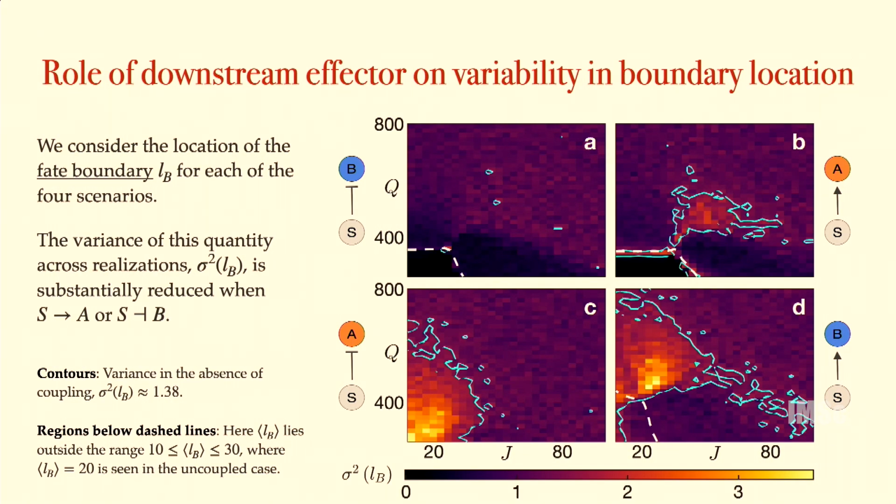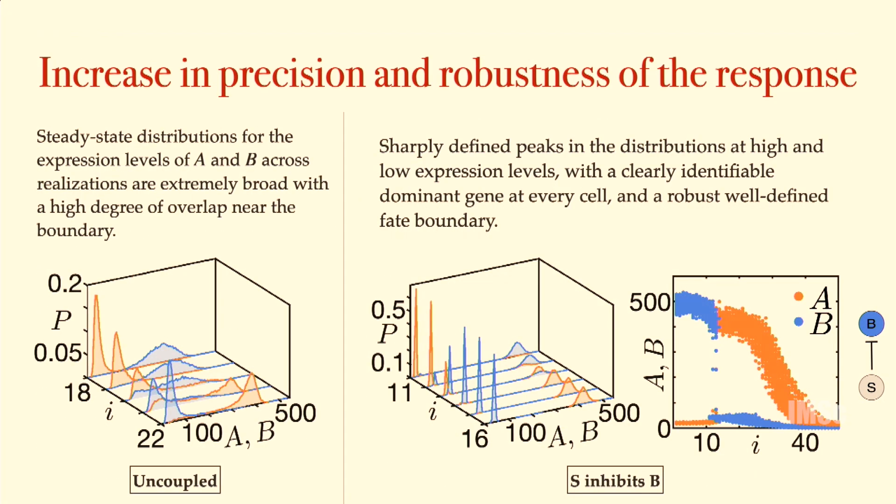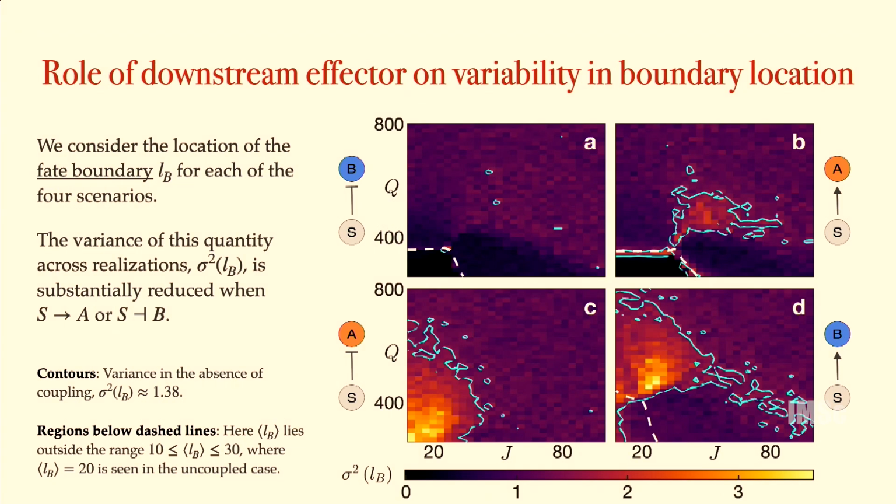Here I've just shown the scenario where S is inhibiting B, but there could be other cases as well, right? To compare them, what we're looking at is the variance in the position of the boundary between A and B. If it's robust, you want it to be very small, right?